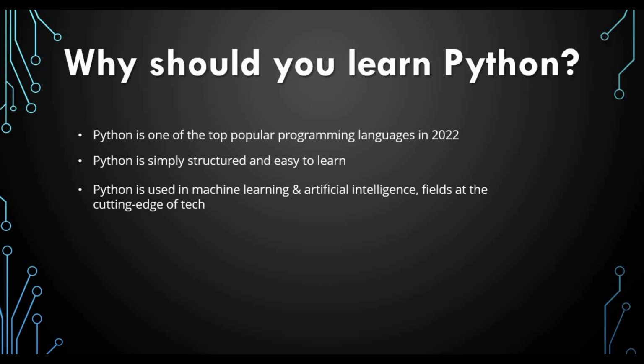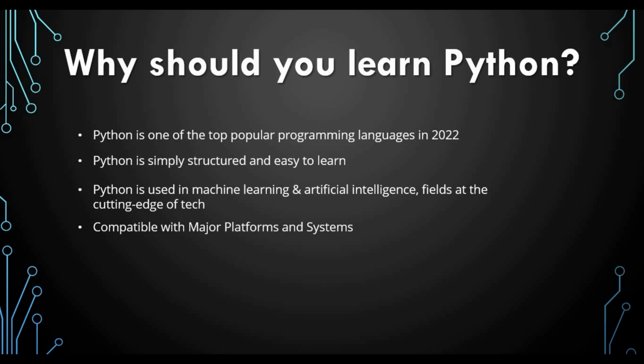As you know, this field is currently at the cutting edge of tech. Machine learning and AI is one of the top areas everybody is focusing on, and Python is a very good option. It's used in a lot of deep learning and algorithms. So if you learn Python, you have very good opportunities coming your way.